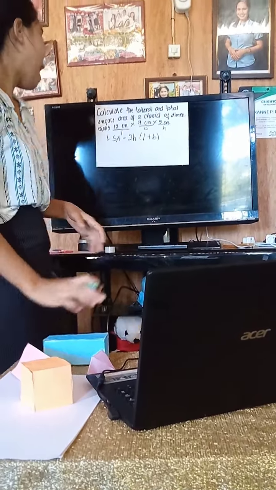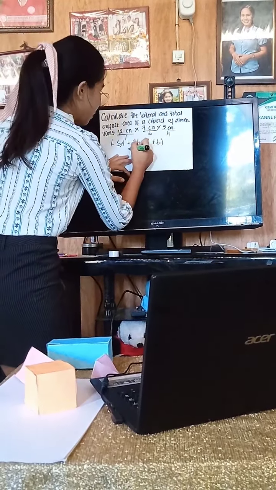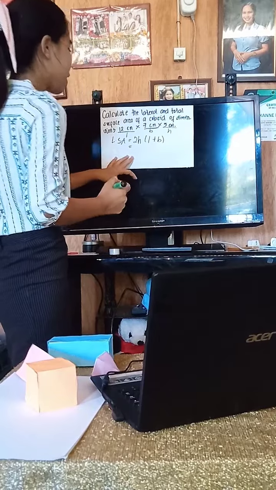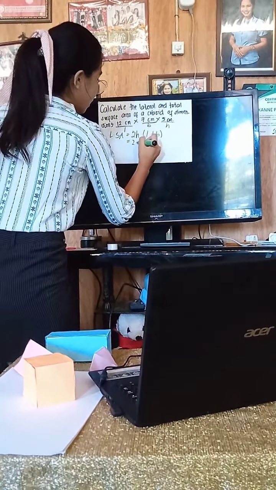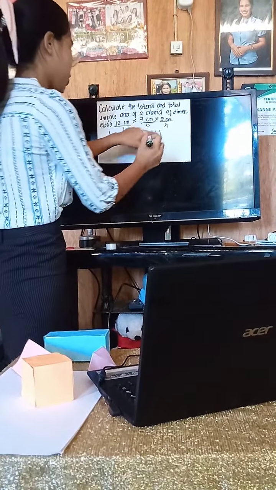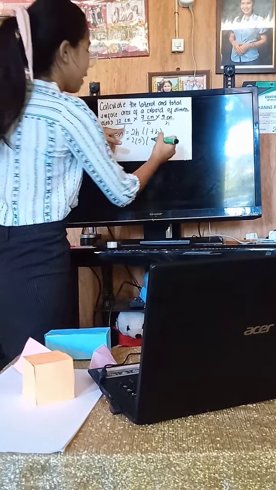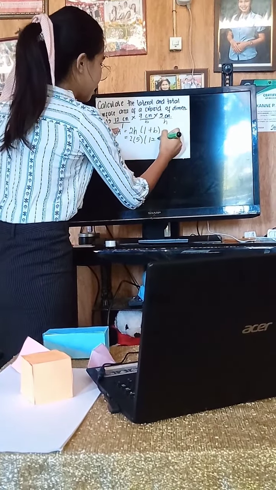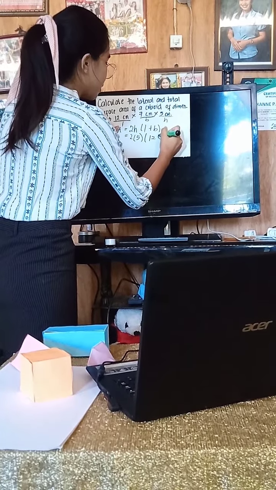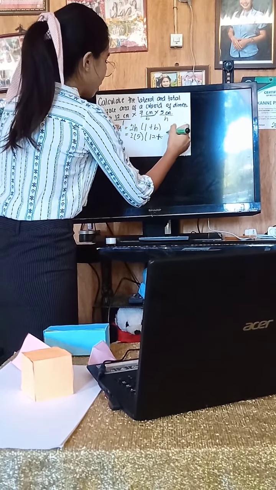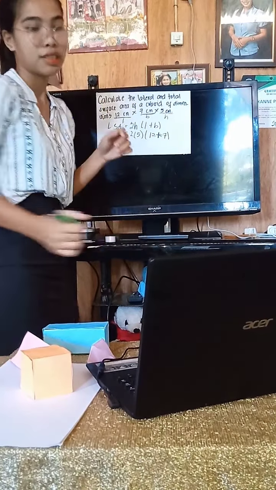So we put the given value, so substitute the given value. So 2 times the height, which is 5 centimeter, times the length 12 plus, addition rather, plus the 7 centimeter.